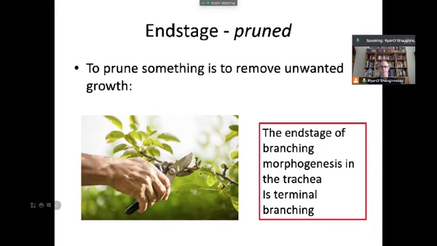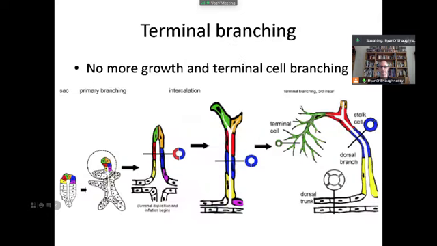We need it to stop. So how does trachea formation stop in Drosophila? We can find this out with this mutant, pruned. So what we require is no more growth of cells, and that cell to then terminally differentiate by becoming a branch cell.